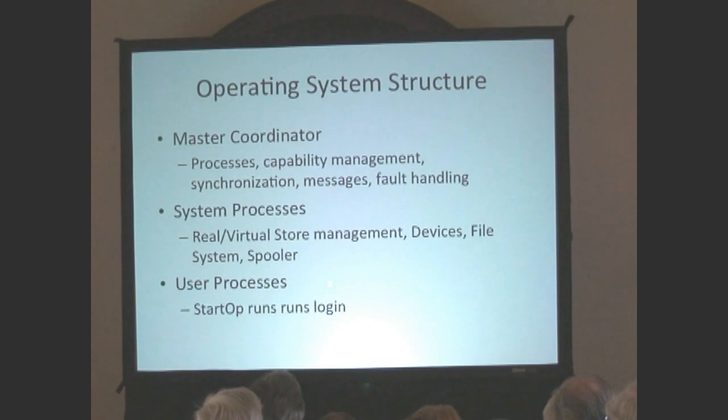And then there were the user processes. The only thing that was distinct about a user process was it had an initial protection domain that was called startop, which might have been a name borrowed from Titan, I'm not sure. And that essentially found a terminal, a teleprinter, and ran the login program. And when you logged in, gave you the command line interpreter, so you could start running a user program.